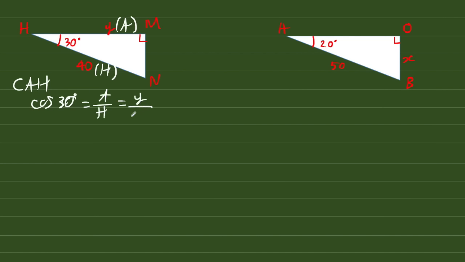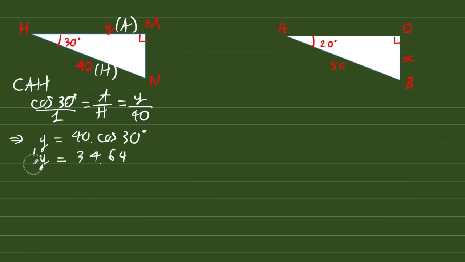Adjacent is y, hypotenuse is 40. So y times 1 equals 40 times cos 30 degrees, and you will have 34.64.